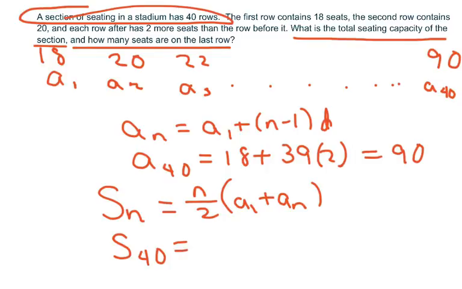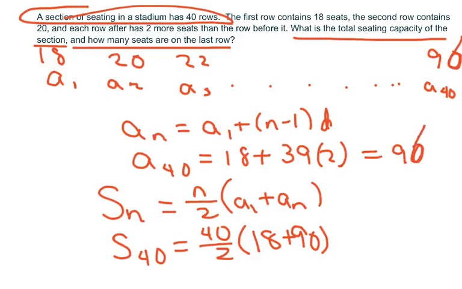The sum of the 40 rows is 40 over 2, and then you add your first term plus your last term. Actually, this was 96, sorry. 96 and 96. I already worked this out, so you get 2,280.